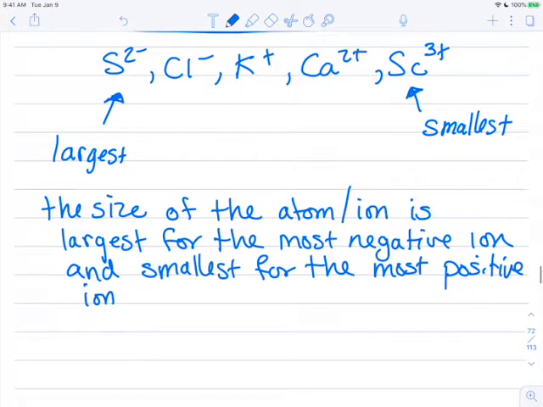So any questions about that, about what an isoelectronic series is, or what the trend is in the size, that the greater the negative charge, the larger it is, the greater the positive charge, the smaller it's going to be? Let me give you a moment to copy.